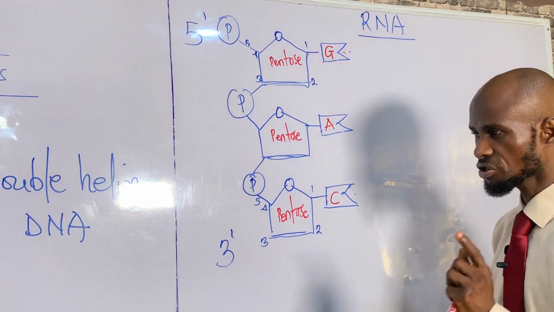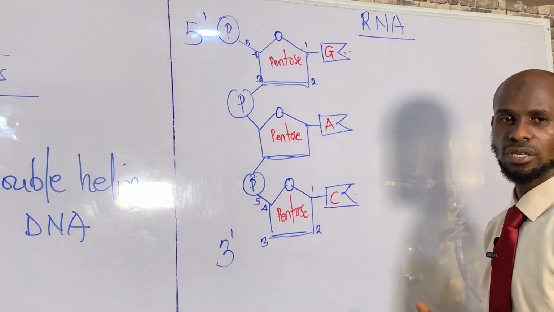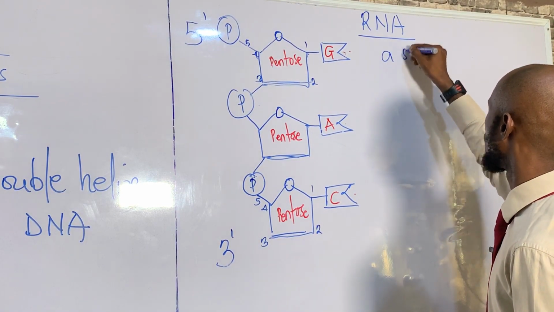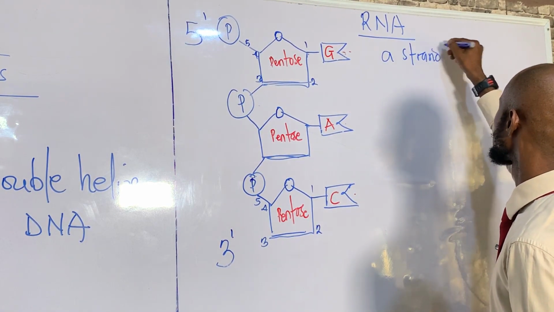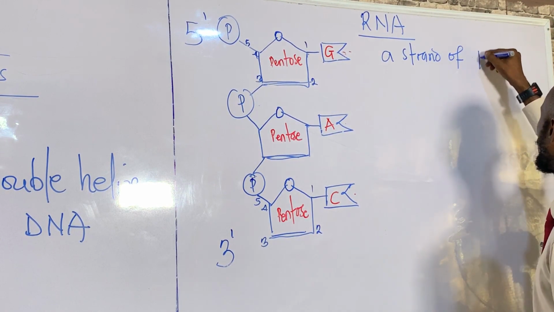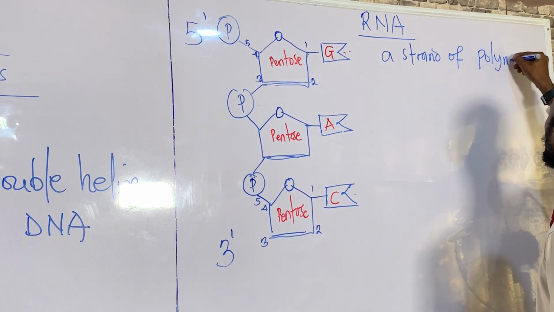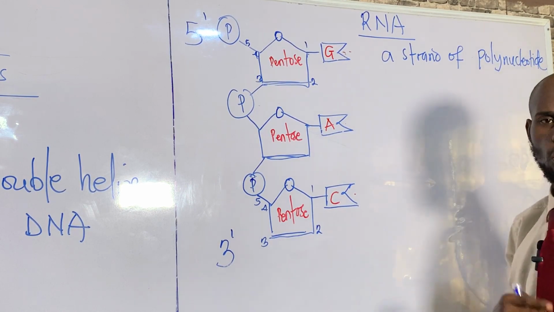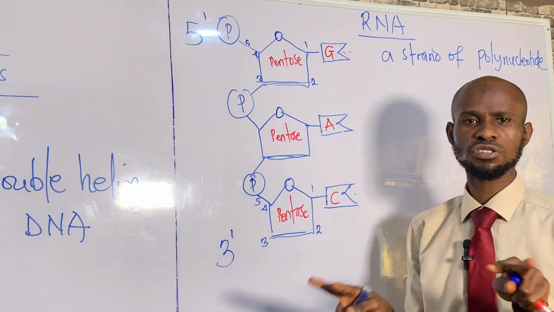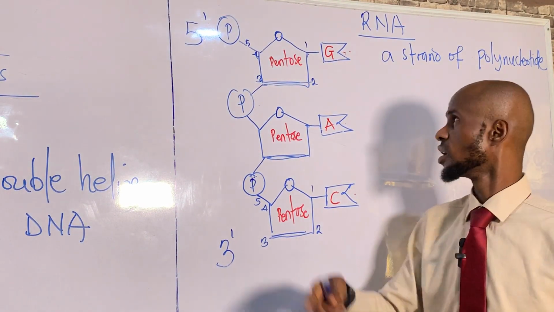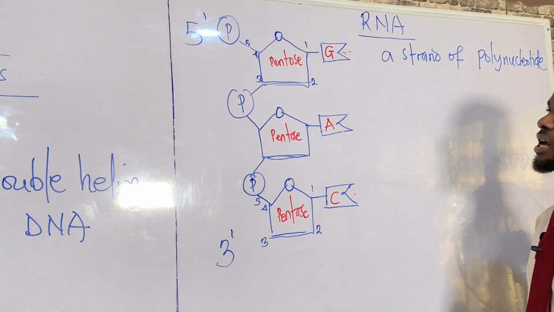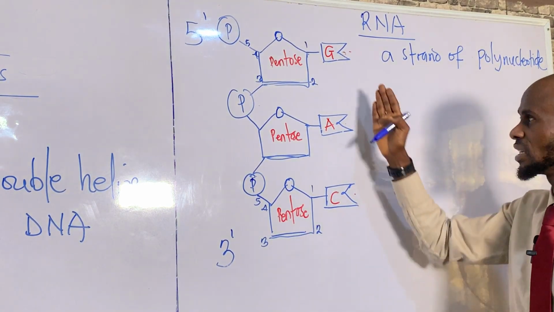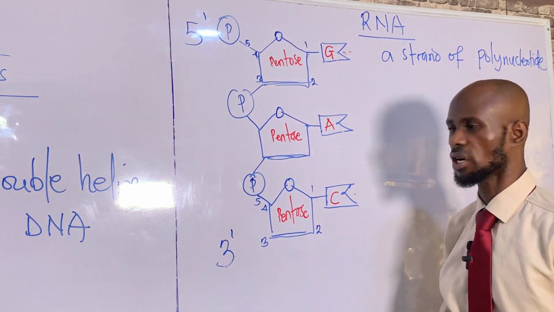So you say it is a strand of polynucleotide. Don't forget that we define DNA as double strands of polynucleotide. So I'm defining RNA as a strand of polynucleotide. That was why I deleted the other strand. So we're having one strand.